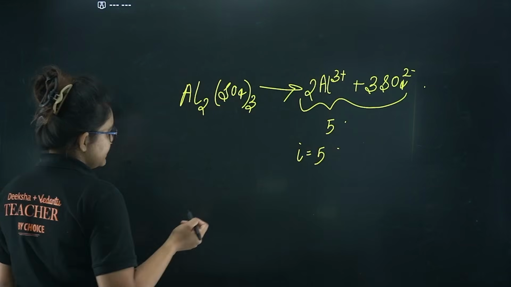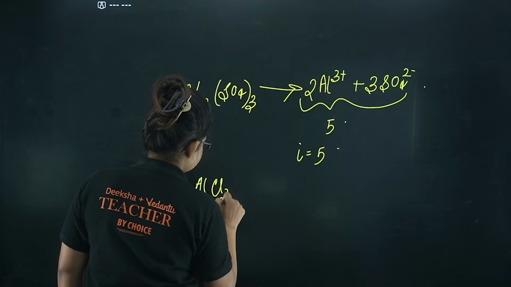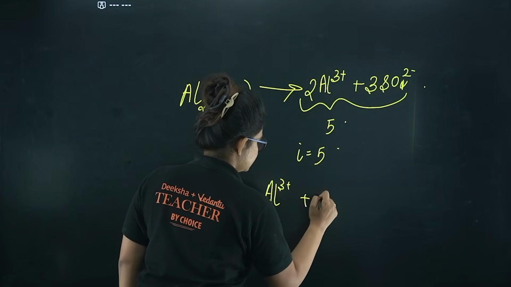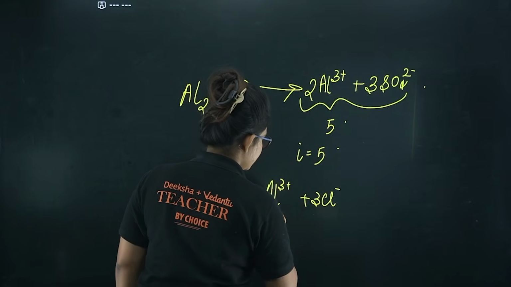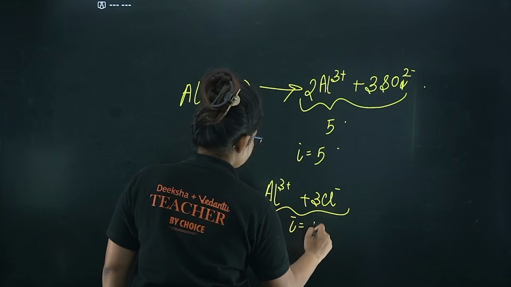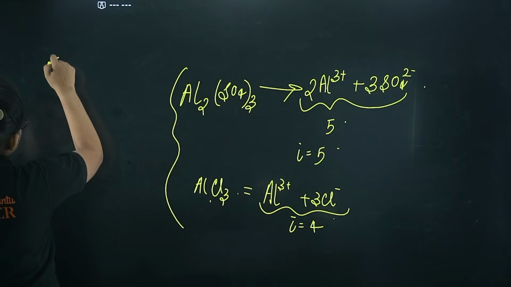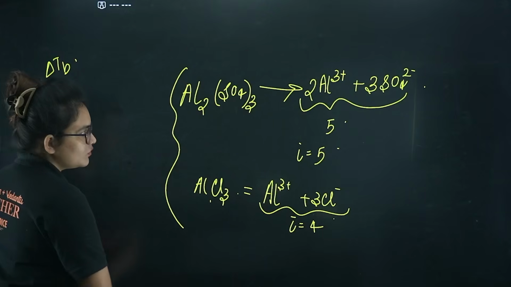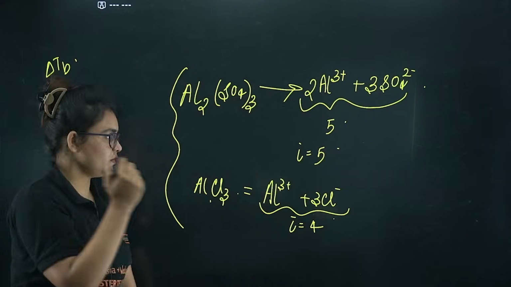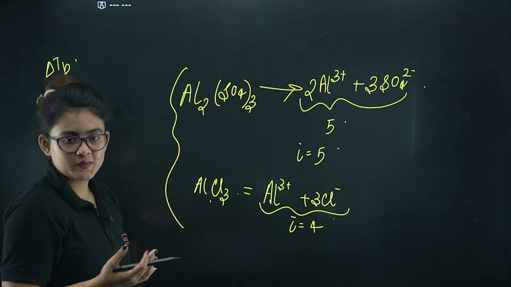Okay, let's say you're having the example of aluminium chloride. Here also Al3+ and 3Cl-. So how many ions are you getting in total? You are getting a total of 4 ions, so i will be equal to 4. Now if I ask in which case delta Tb will be more, with the same molality, 0.1 molal taken for both of them.